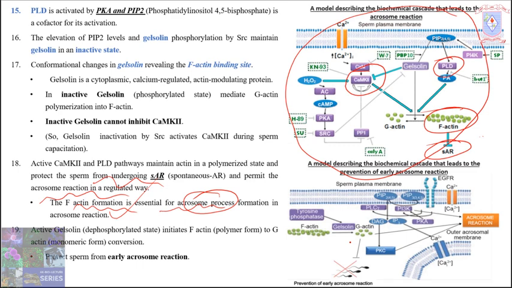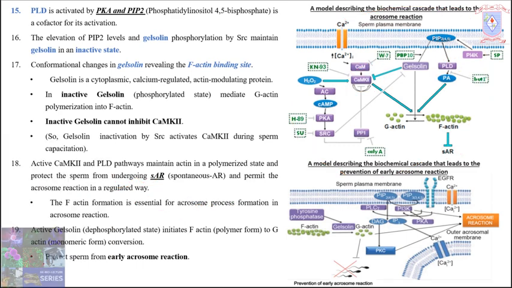So how is this mechanism regulated? Means the active gelsolin initiates the F-actin to G-actin conversion that protects sperm from early acrosomal reaction. Here you can see prevention of early acrosomal reaction is done with the help of gelsolin.